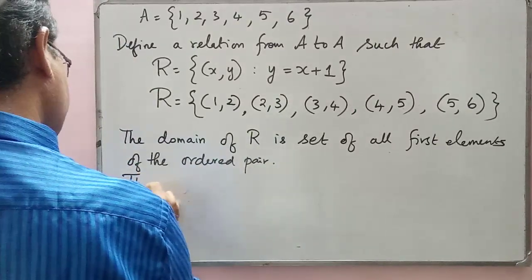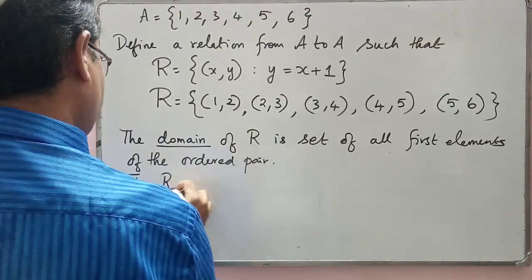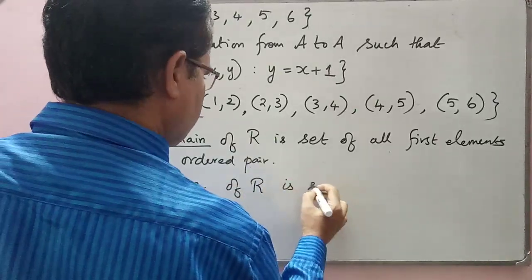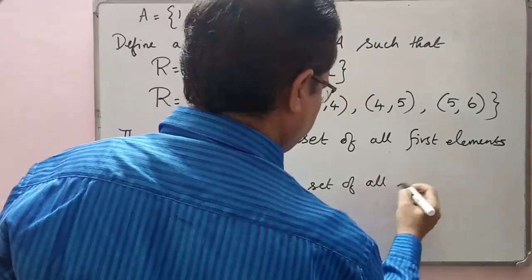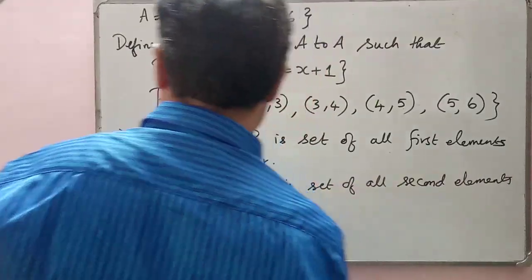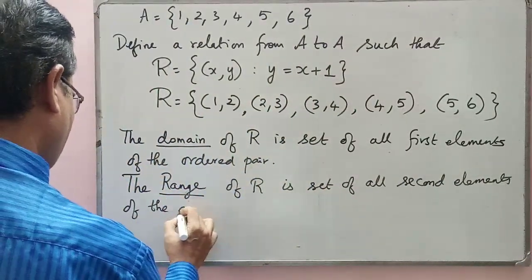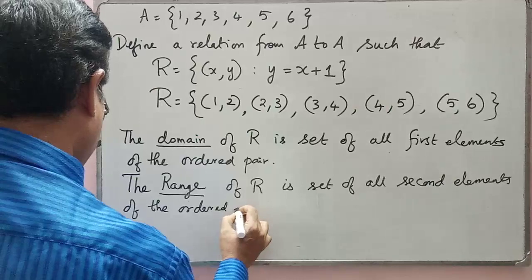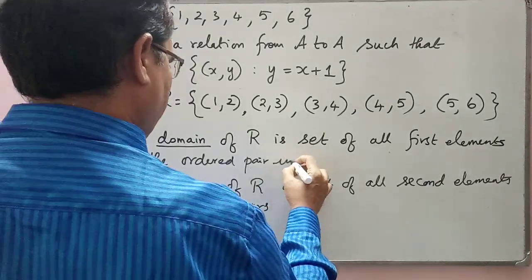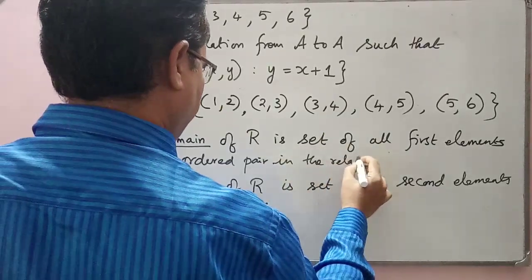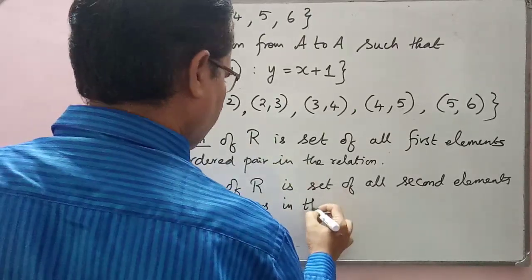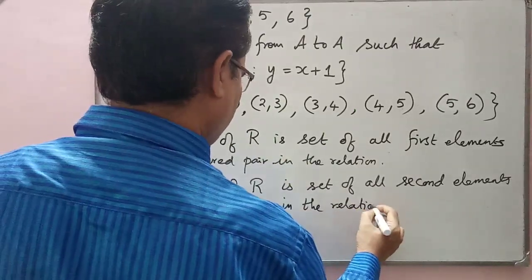Similarly, the range of R is the set of all second elements of the ordered pairs in the relation. Add the words in the relation, because we didn't mention the word relation anywhere, so we'll write it down.